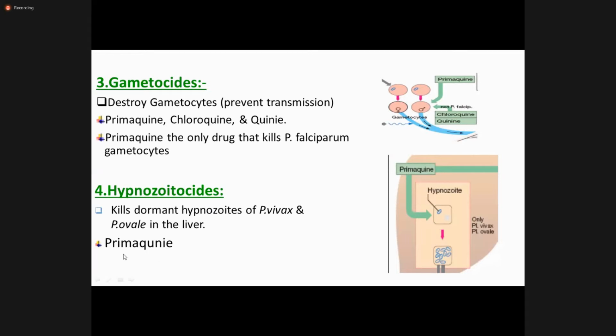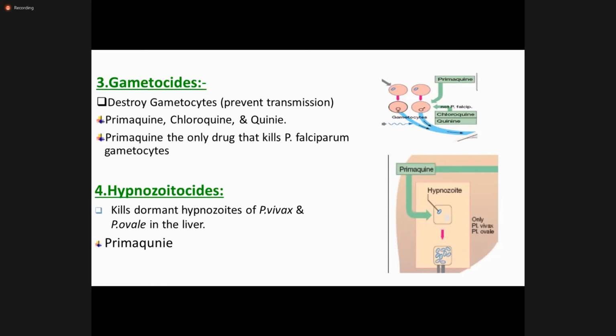So always remember primaquine. It prevents the relapse of the disease. Relapse of malaria can be stopped if you give the patient primaquine, so that the dormant hypnozoites are killed by this drug.